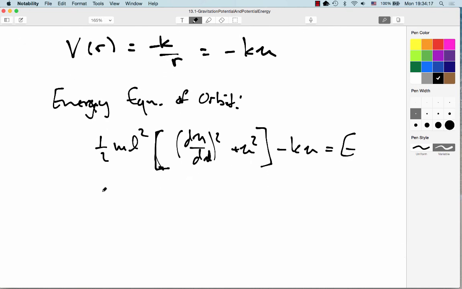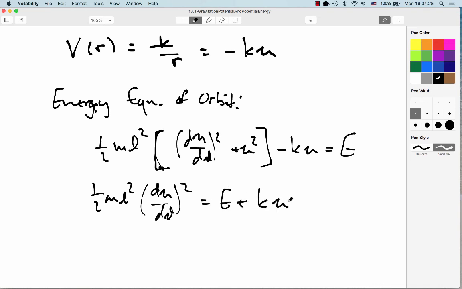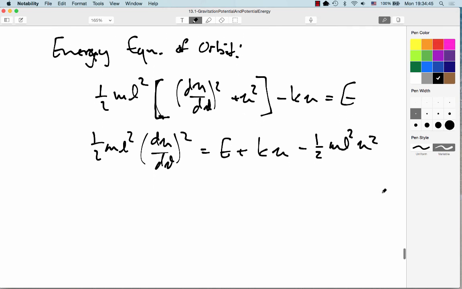So we can rearrange this a bit. 1/2 m L squared times du d theta squared equals E plus ku minus 1/2 m L squared u squared.